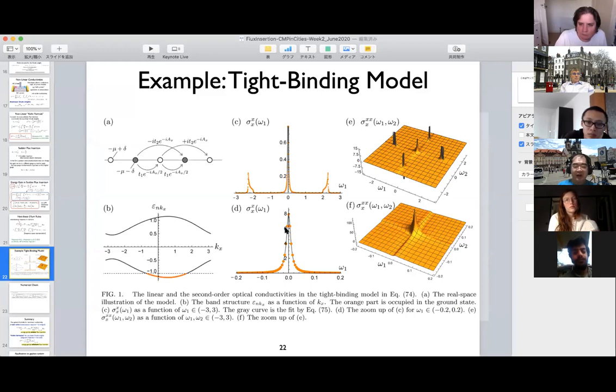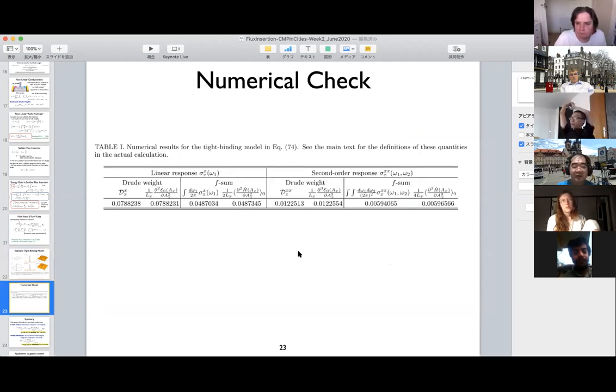And we can identify the Drude weight by the magnitude of this peak. And yeah, also here. So this is the double delta function peak in the second order nonlinear conductance. And by this amplitude, we can identify the nonlinear Drude weight.